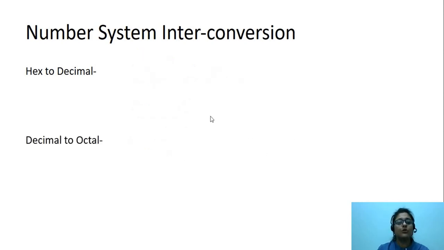Next, understand how to convert a decimal number to an octal number. In order to convert a decimal number to an octal number, we start dividing by 8. So let's take the number 623. Start dividing the number by 8. So we have 77. So 77 again divide by 8.